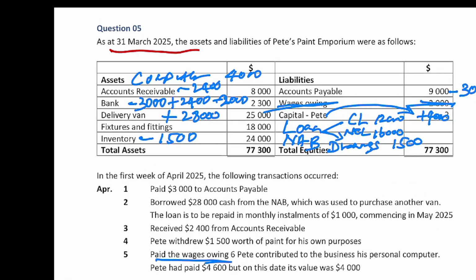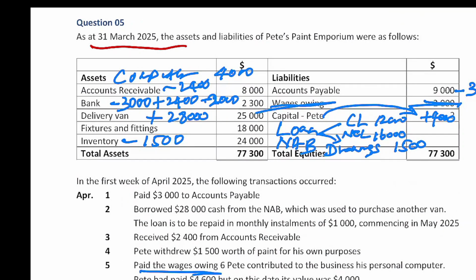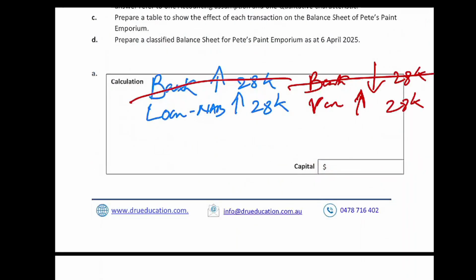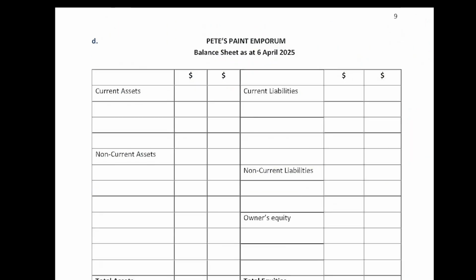I will start with the assets. The first asset I am coming across is the computer, 4,000, according to my draft. It's non-current, so I'll write non-current: computer 4,000.